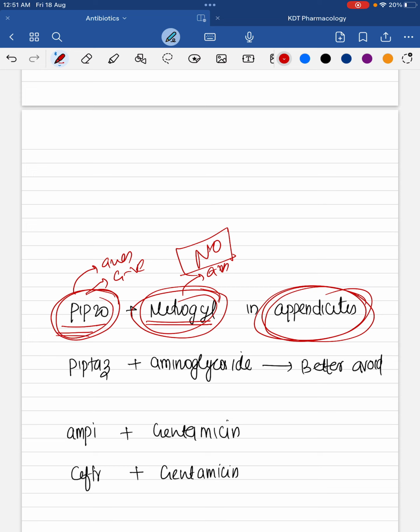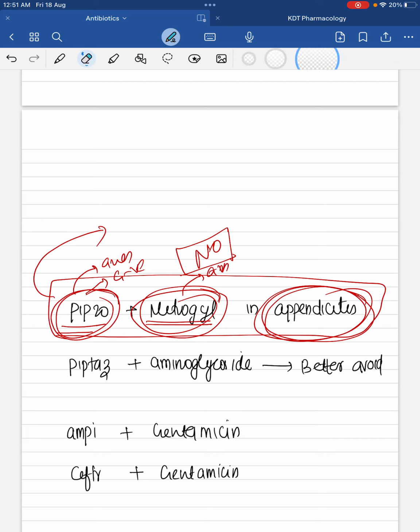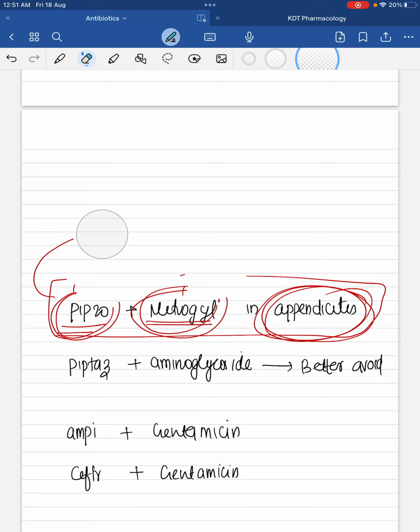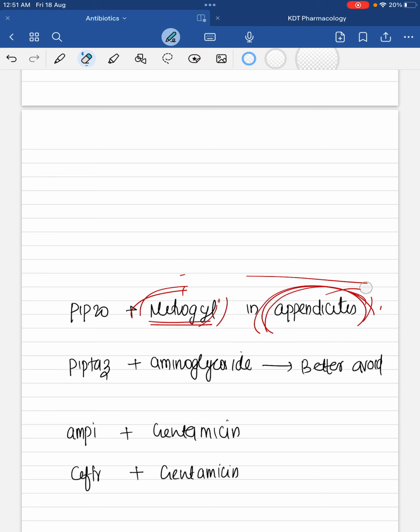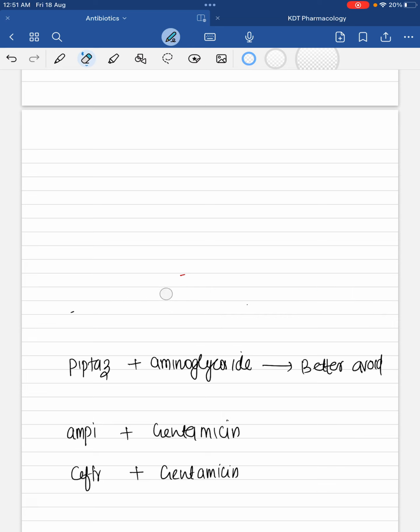This much clear? This is a general point, but from disease to disease there may be variation in the protocol. So during that time you stick to each protocol that we will discuss in the coming class, but now I am telling the general rule regarding antibiotics. This much clear?